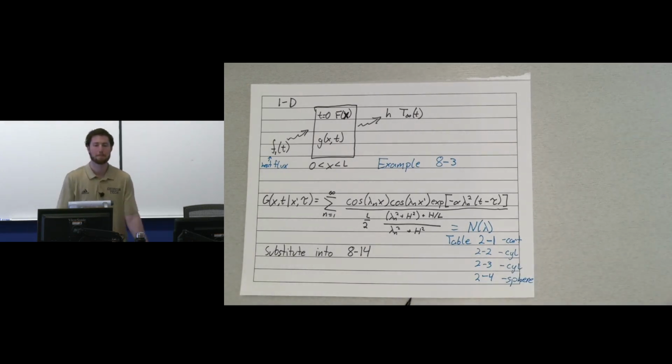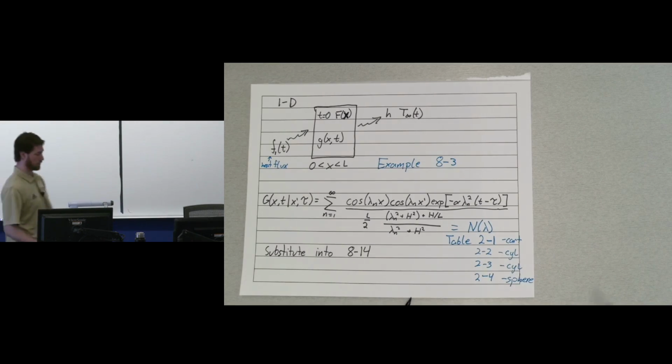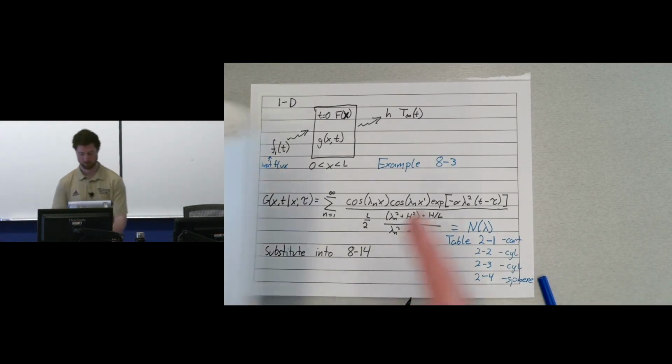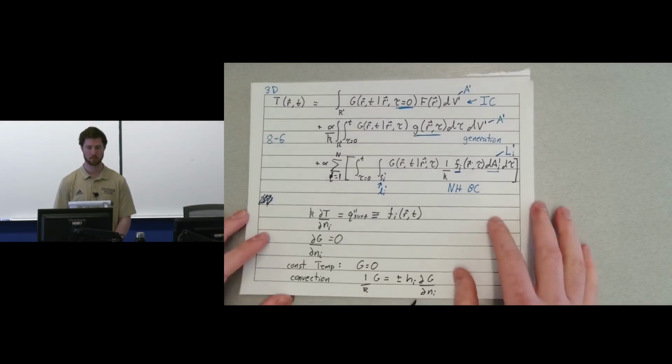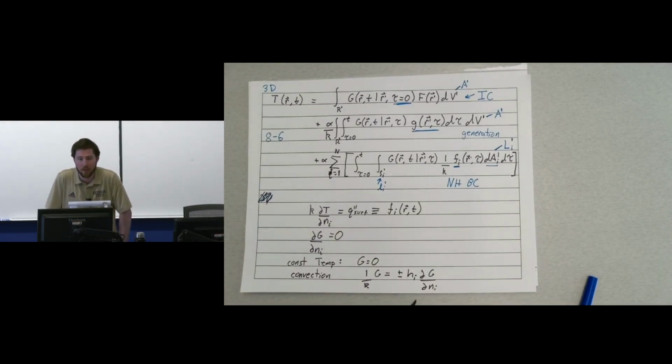When we wrote the original form with R vector and T for the 3D case, why does that formulation hold? Why does this work?